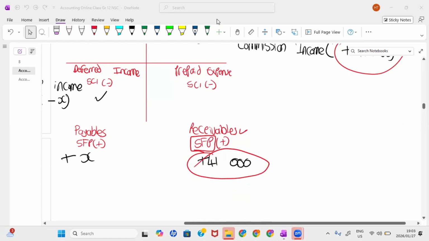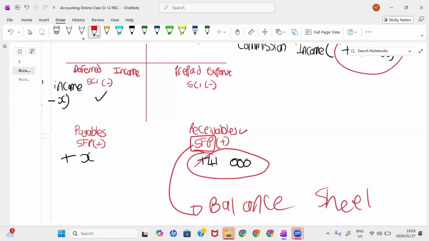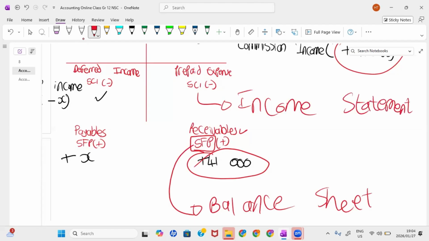Also, statement of financial position is the balance sheet. You guys didn't know that. Statement of financial position is balance sheet, and statement of comprehensive income is income statement. I'm using these words because I want you guys to get used to them.